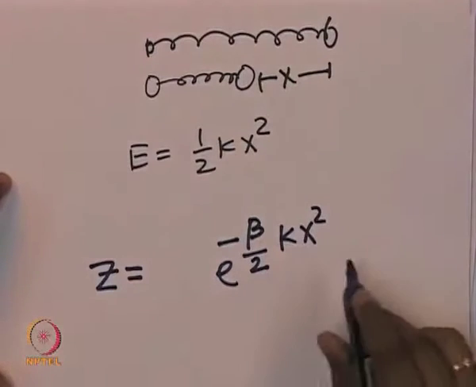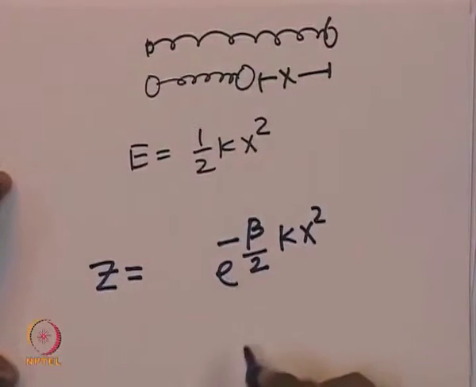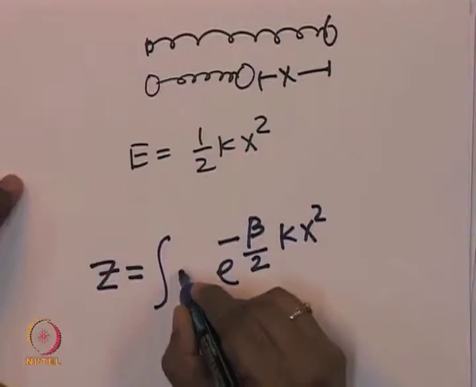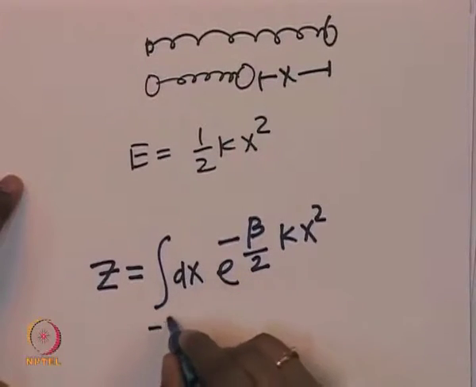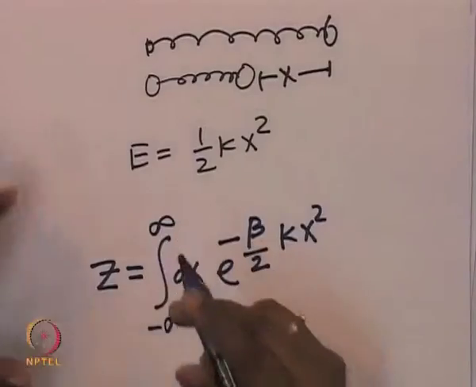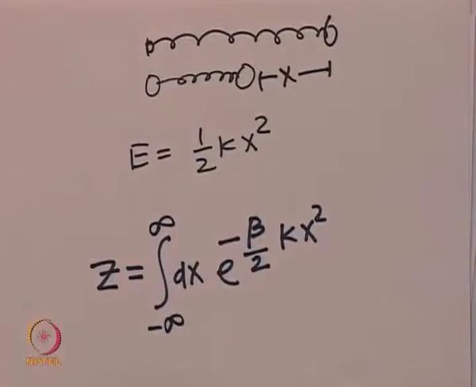This is e power minus beta E, summed over all possible x. So, x can have all possible values, so integral over x from minus infinity to infinity. That means I can take this spring all the way from minus infinity to infinity.